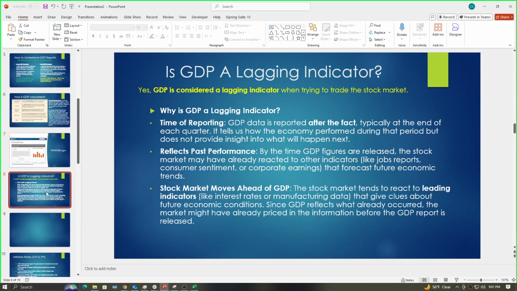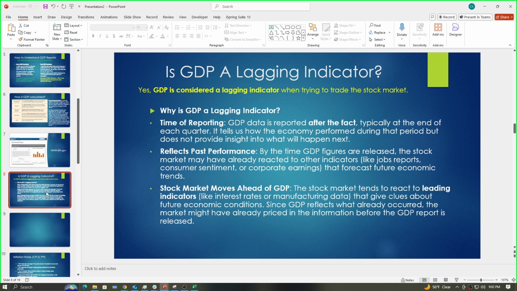Okay, it affects you because it's a lagging indicator. Now, why is GDP a lagging indicator? I'm going to go a little bit more in detail, but let me just read this off. Time of reporting. The GDP data is reported after the fact, right?